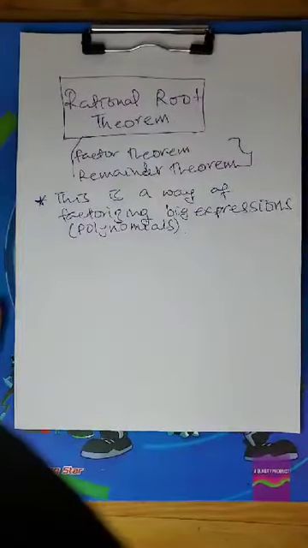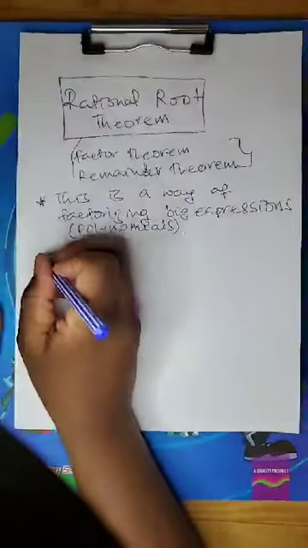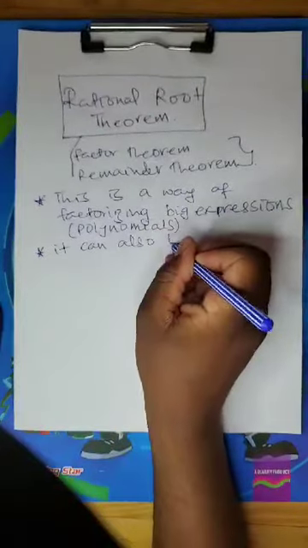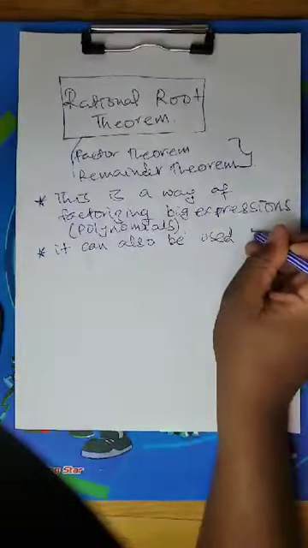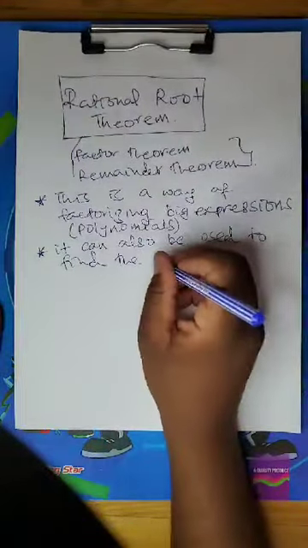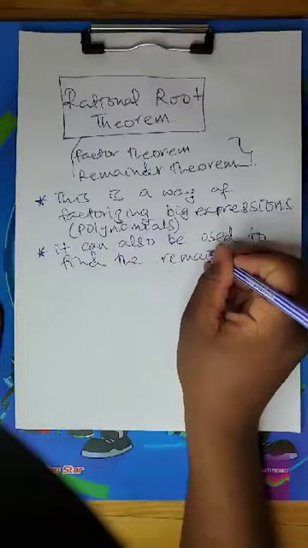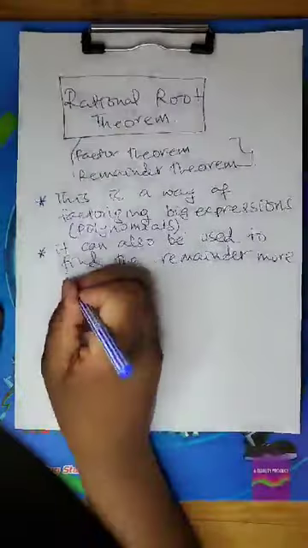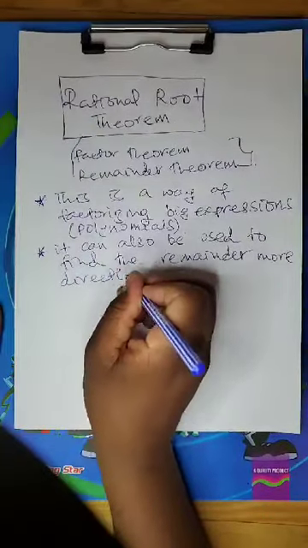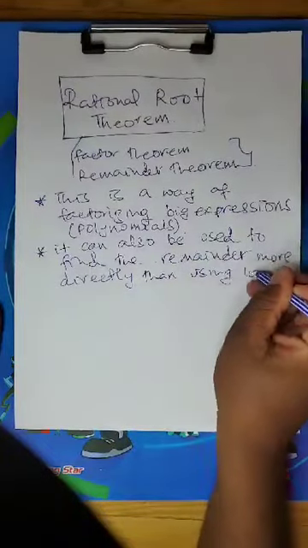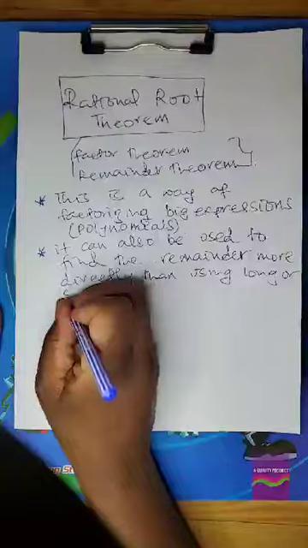So this is a way of factorizing big expressions, or generally polynomials. It can also be used to find the remainder more directly than using long or synthetic division.